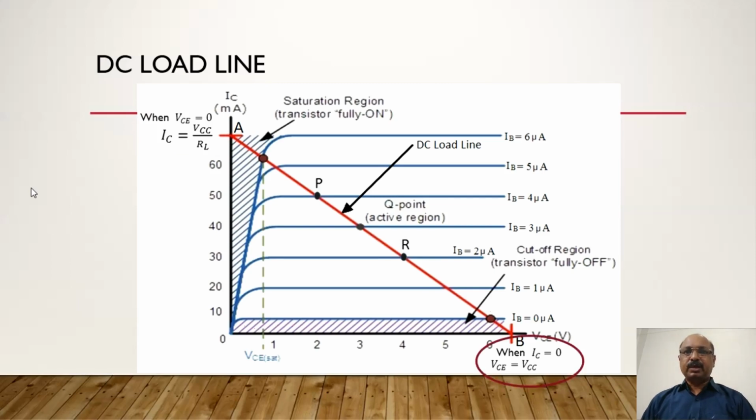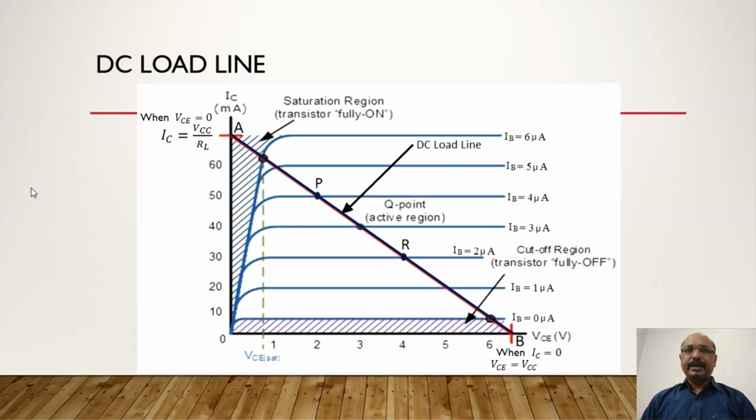This point is the cutoff point, denoted as B, and when VCE is equal to 0, then IC is equal to VCC divided by RL. So this point is the saturation point, denoted as A. Now a straight line is drawn between point A and point B. This is called the DC load line of the CE circuit.